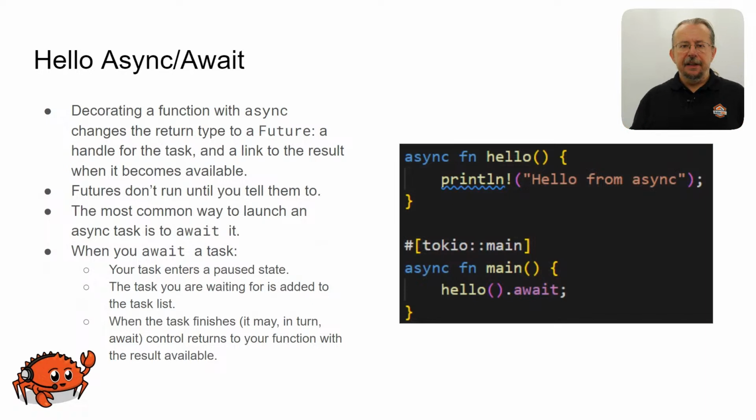Most of the time, if there's nothing else going on, that other function will run immediately. Task switching within a runtime is almost instant, and you're not at the mercy of the operating system deciding when to do it. So Tokio immediately knows, hey, this task is ending, let's start the next one. In this case, it doesn't do anything amazing, it just prints hello from async.